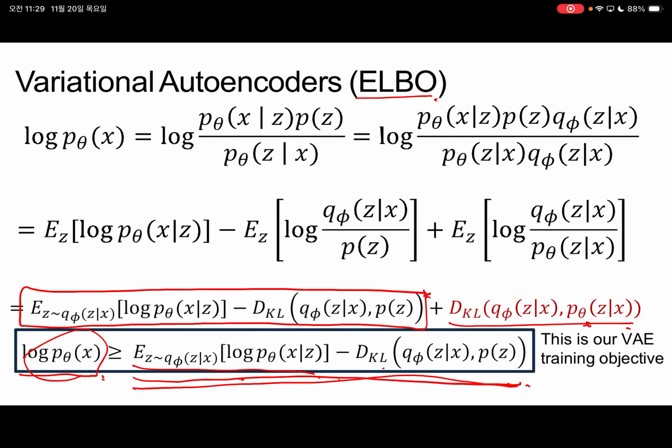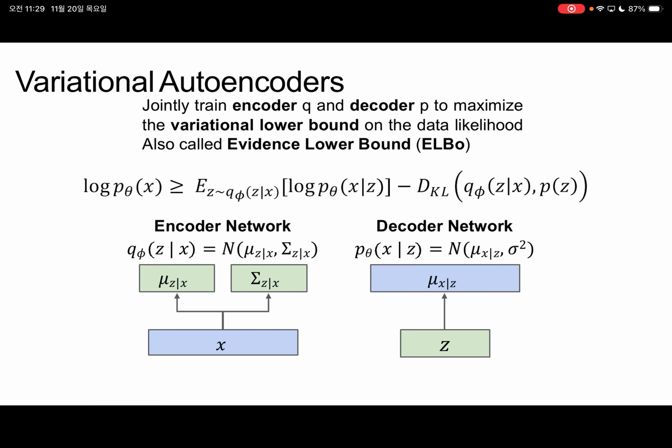And maximizing this one means minimizing KL divergence, right? Because we have a negative sign. So minimizing KL divergence between the encoder's output and the normal Gaussian distribution, that is the second loss function. So there are two things in VAE training: the evidence lower bound, ELBO, where we maximize likelihood and minimize KL divergence.